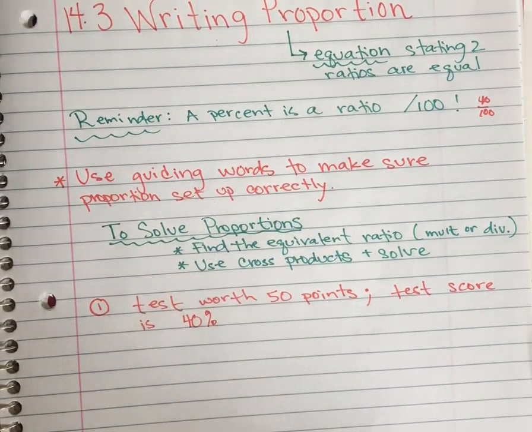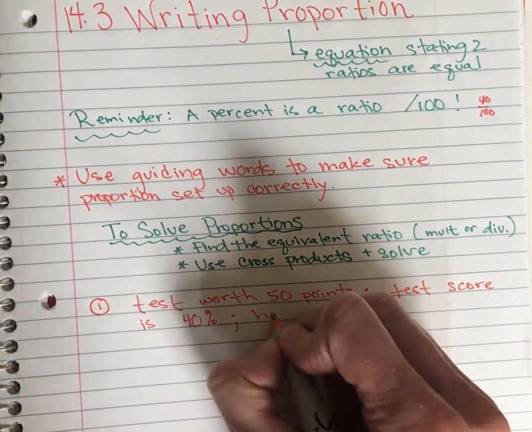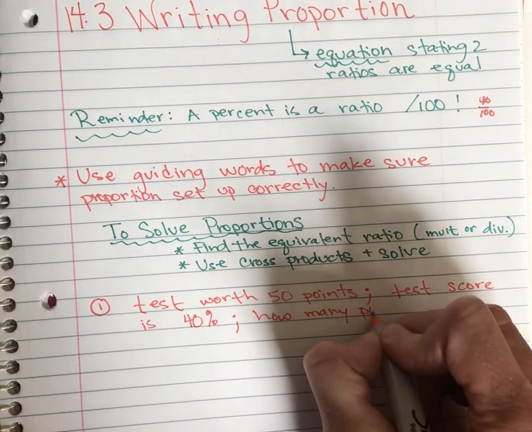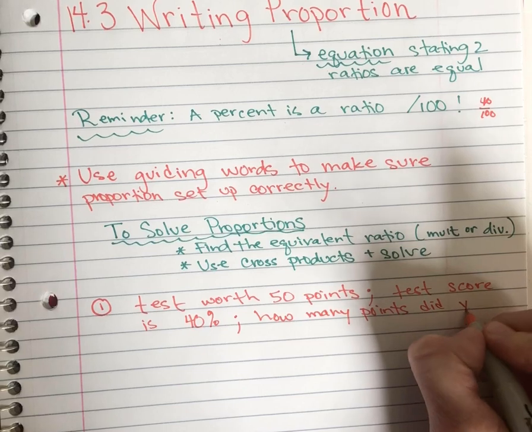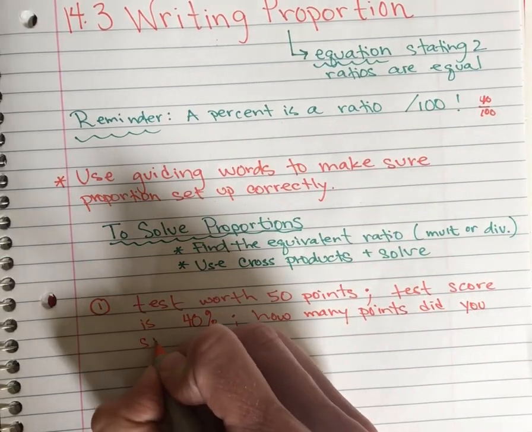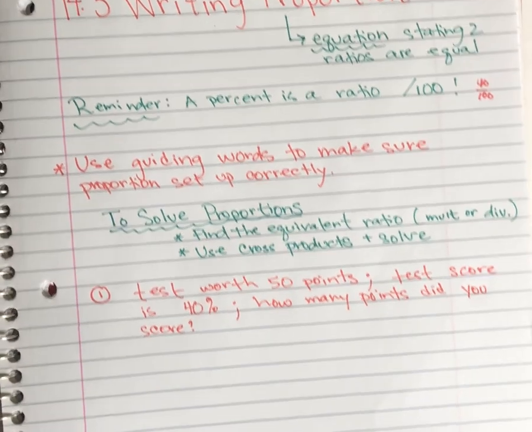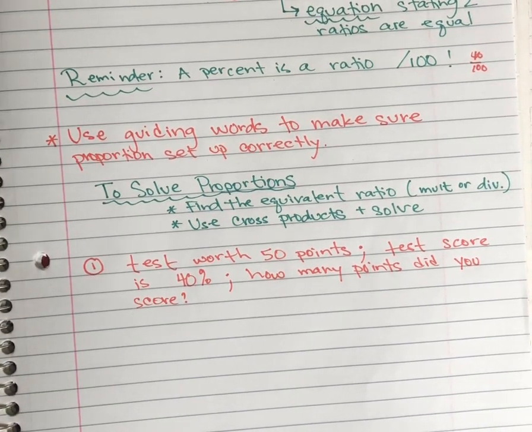Ouch, hopefully it wasn't a math test. And you want to know how many points did you score? So here's the information we're going to use to write a proportion, and then we're going to solve it.